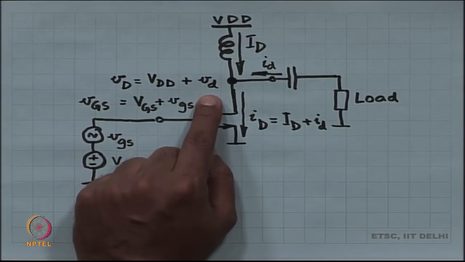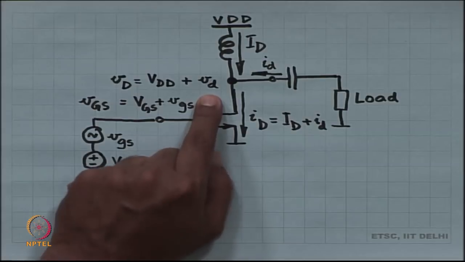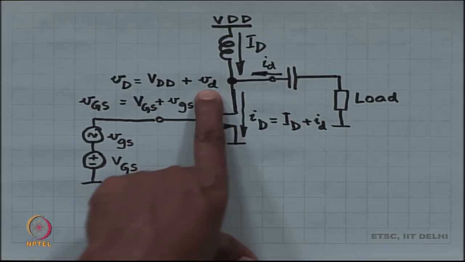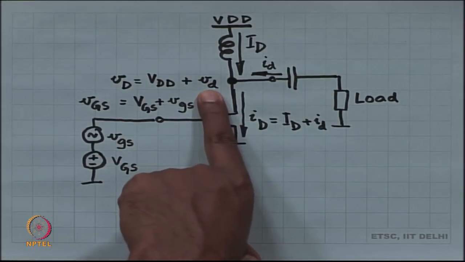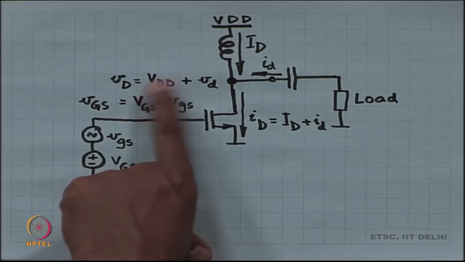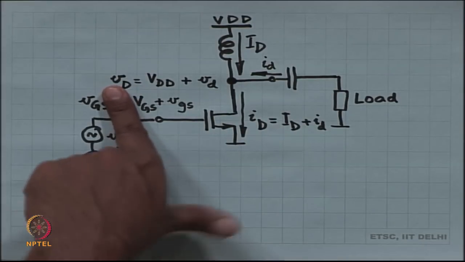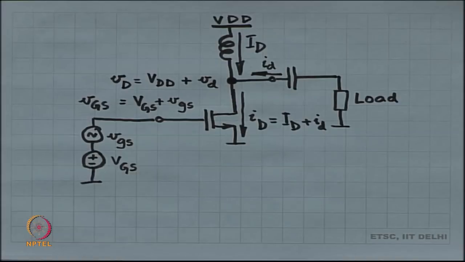Let us not call it small signal. I am sorry, I am not going to call it small signal. Small or large is irrelevant, incremental part, right. So, there is a DC part, there is an incremental part, and the sum of the two is the actual voltage at that node. Now, what is going to happen?